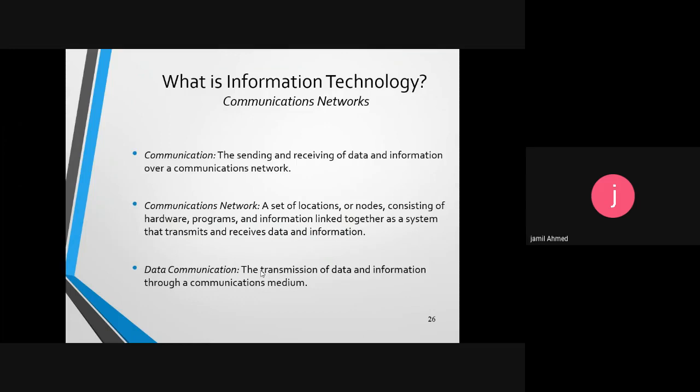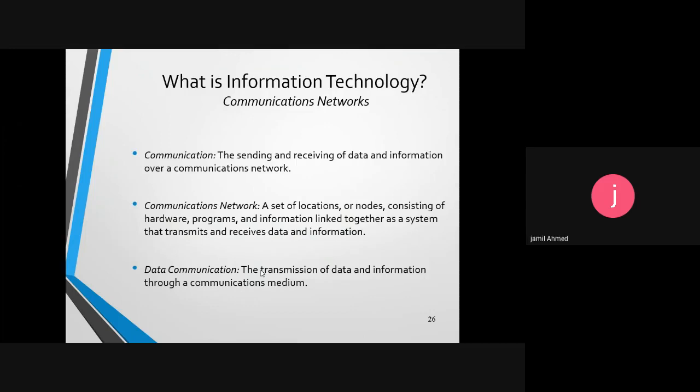A communication network is a set of locations or nodes consisting of hardware, programs, and information linked together as a system that transmits and receives data and information. So the information actually has to travel. That's why communication networks perform a vital role in connecting different locations.